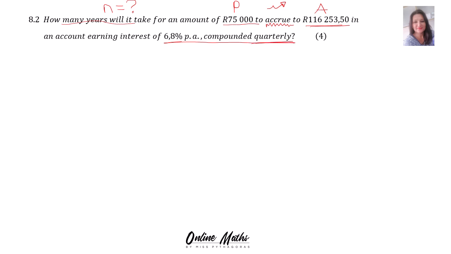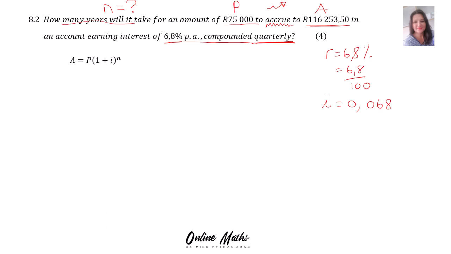So first of all, just remember your R is 6.8%, which is 6.8 over 100, and then it becomes I, 0.068. So the formula that you're going to use is this one on the formula sheet.